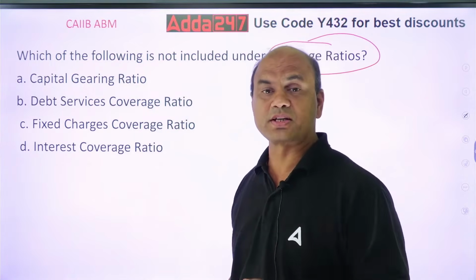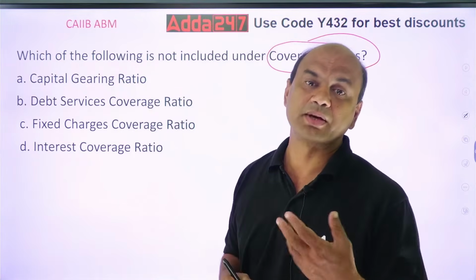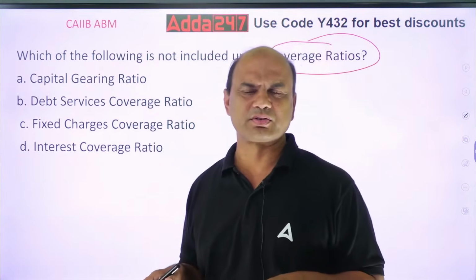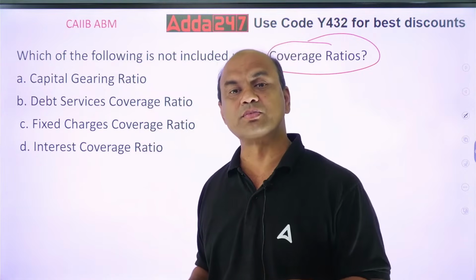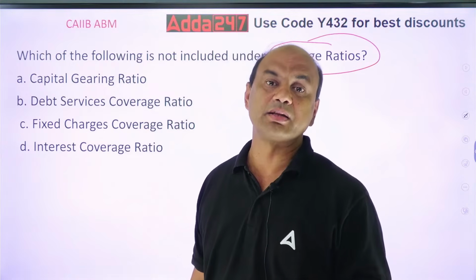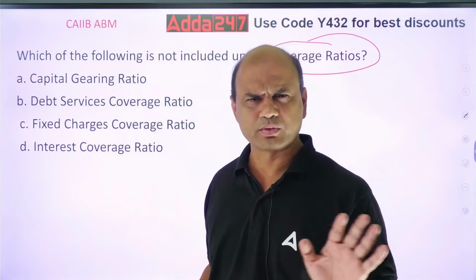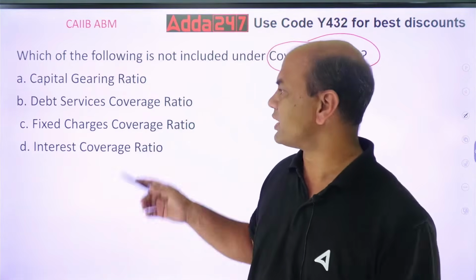Now what is coverage ratio? Coverage means which can cover my EMI. Here there are various coverage ratios. First one is DSCR, debt service coverage ratio, means whether that customer will be able to repay my installment in the next year. Only next year. What is ICR?